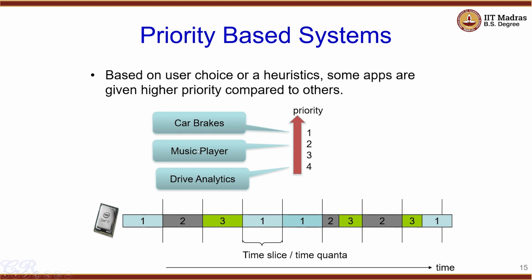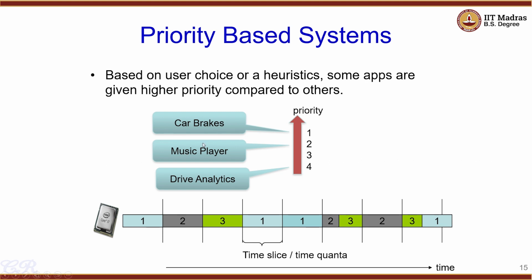The music player could be given a priority which is between car brakes and drive analytics, because it's not as critical as the car braking software, but it's still important to execute the music player in a periodic manner, so that the music actually is played at a regular rate, right, which is expected of any music player.